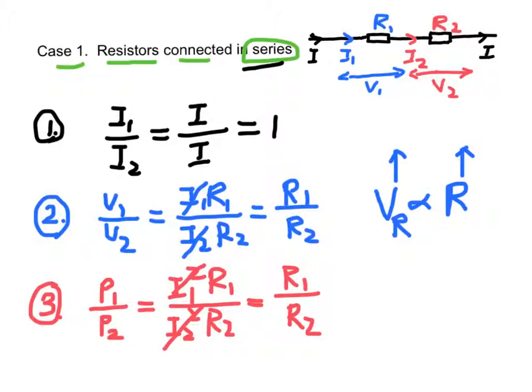Again, the power dissipated by the resistor is proportional to its resistance. That means a resistor with greater resistance will have greater power dissipation.